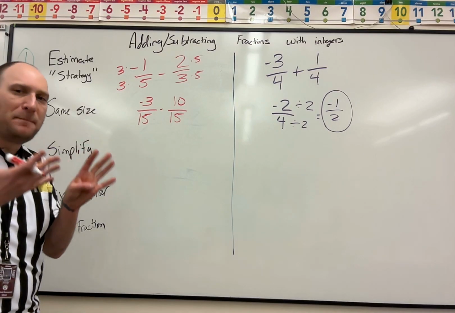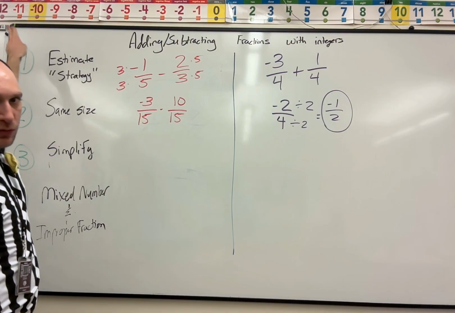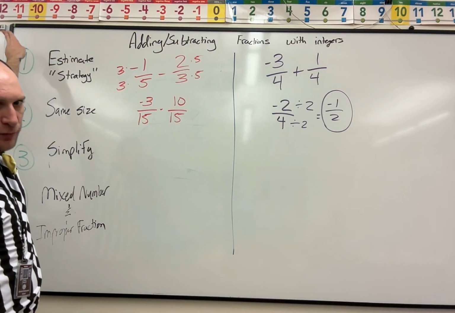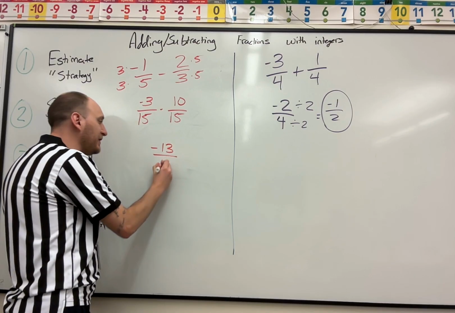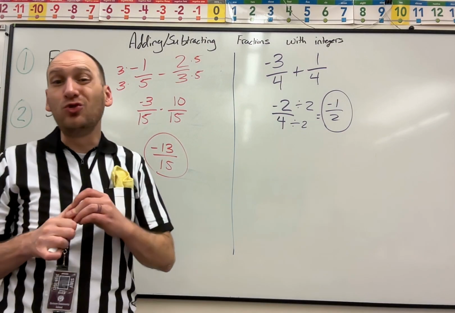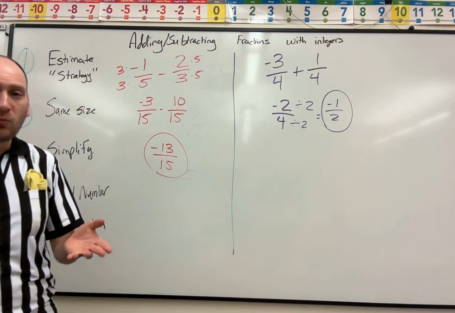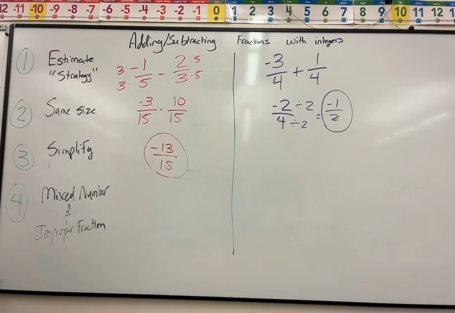I'm creating a bigger negative number, so I start at -10, and I go left 3, which gets off our screen a little bit, but ends at -13/15. This problem I do not need to simplify, and I do not need to convert it to a mixed number or an improper fraction, so I'm actually done with this one as well.